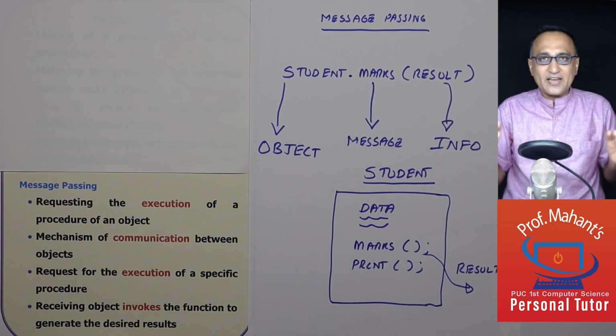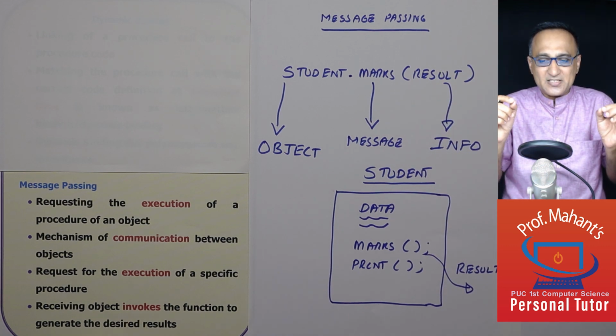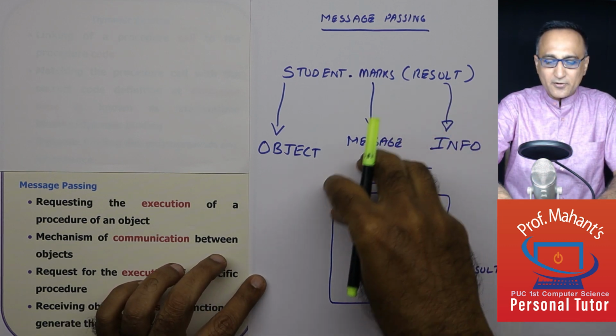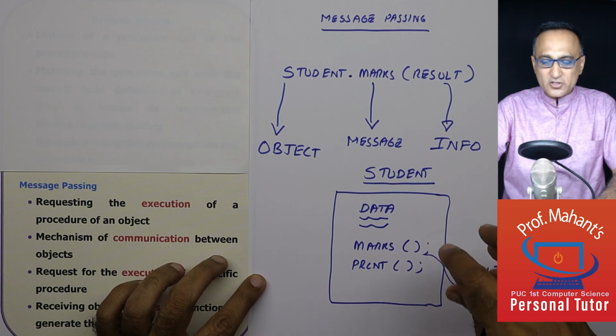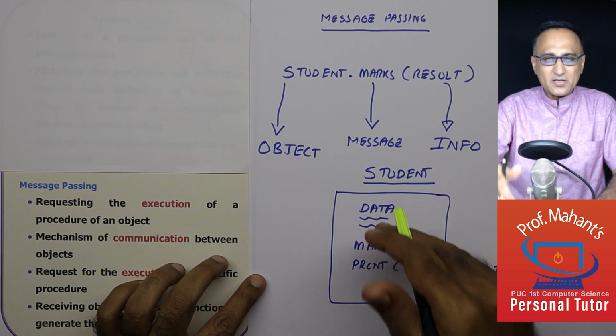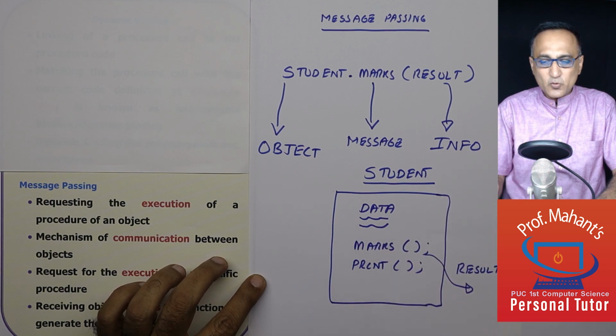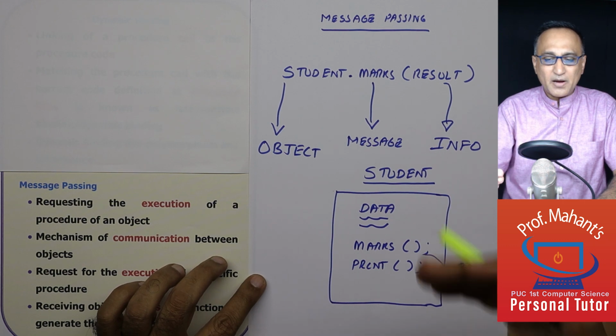Think of it like this. I log on to the 10th site, I enter my registration number. That registration number is sent to this particular student program. This student program has my name, register number, marks, date of birth, everything. The message I send is that I want my marks.